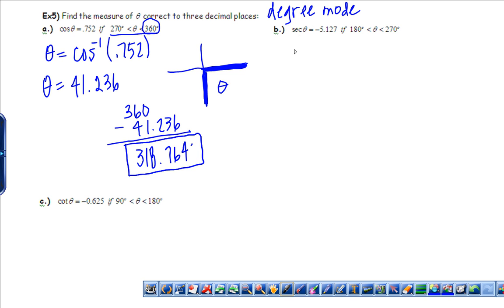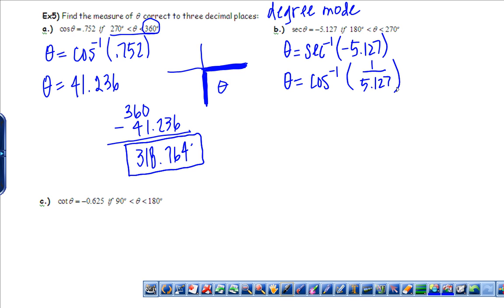Still in degree mode. This says that theta is equal to arc secant of negative 5.127. So theta is equal to arc cosine of 1 over negative 5.127. Now I'm going to do something that's really easy, and it might be confusing to some of y'all.